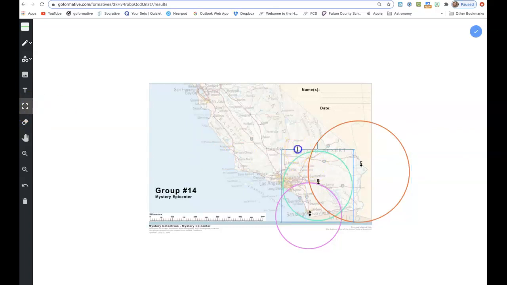So if I try to center that a little better. Nope, that didn't help any. So I probably need to go back and re-estimate the size of my circle over here on the key. But that's pretty close. Somewhere in this area right here is where the epicenter of the earthquake occurred.